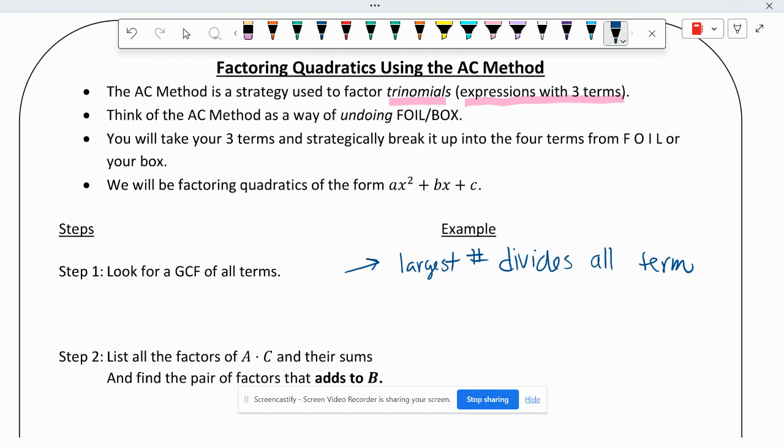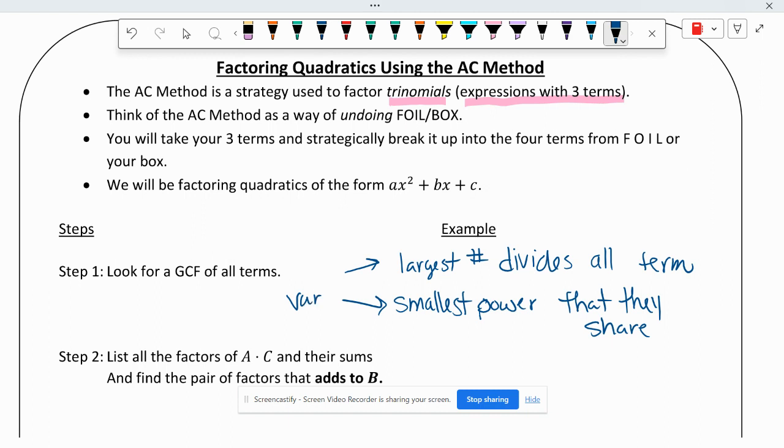So for your variables, you want the smallest power that they share. So this is for your variable terms.